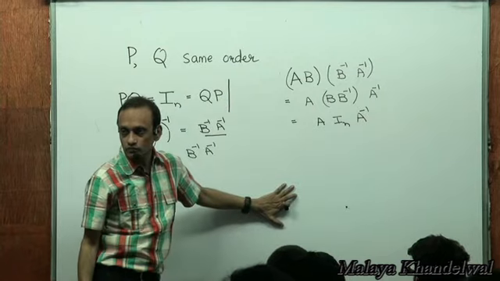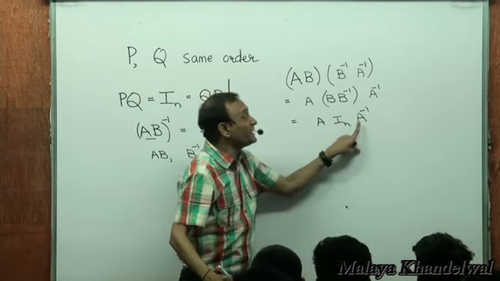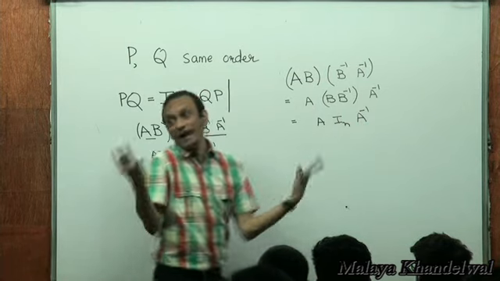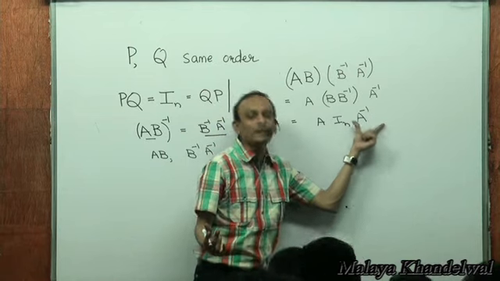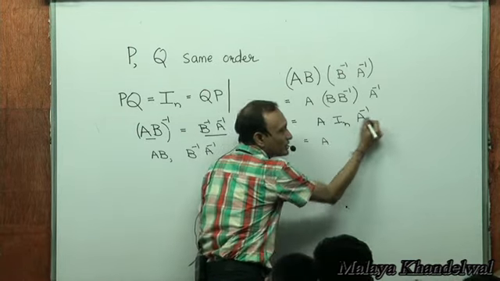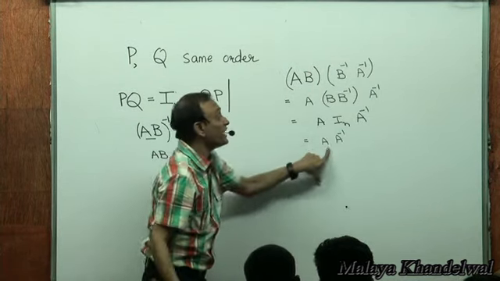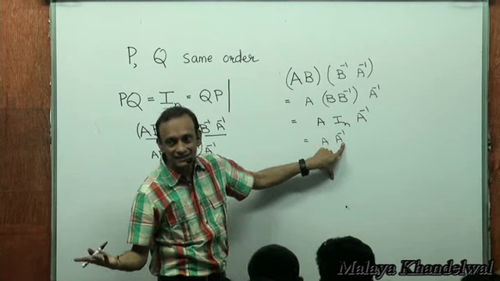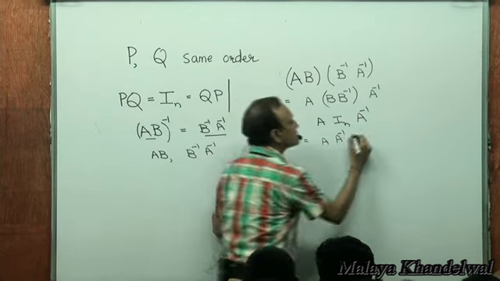Confused? But when IN is multiplied with A inverse, it will give me A inverse only, isn't it? When IN is multiplied with a matrix, it will give me that matrix. So this is going to be A into A inverse. But A into A inverse would be IN. Matrix into its inverse is going to be IN.